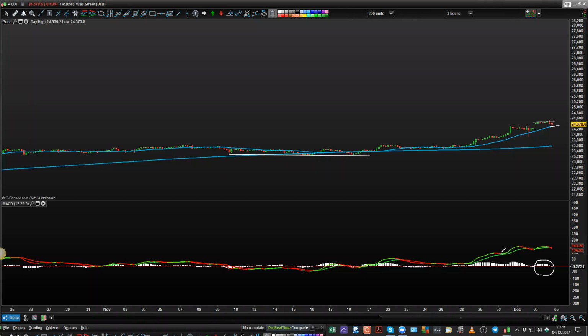We already have one crossover, and then a second crossover with a lower high, a nice divergence, bringing us potentially into 320. That's the price I suggested this could go to, but I got bored with it and came out early and didn't benefit from a little bit further down move.